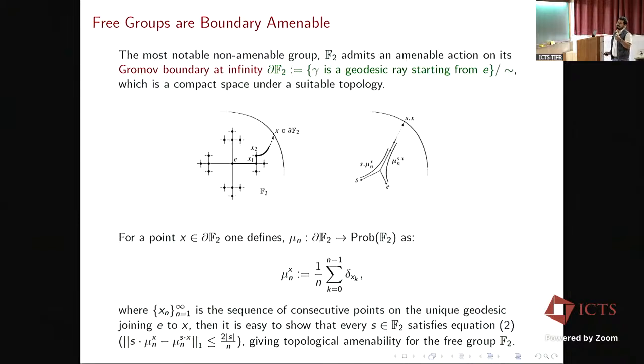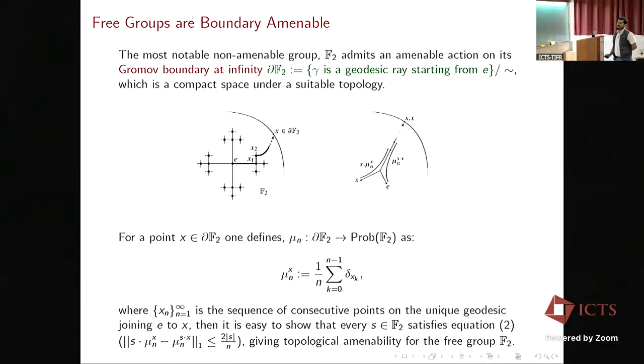What we do is we take this geodesic ray and assign the uniform probability measure to the first n length segment. And we increase the number of points as we go along with the geodesic, and the charges that we are assigning to each point are going to 0. But that's still a probability measure, a finitely supported probability measure. And that is the assignment that we are making here.